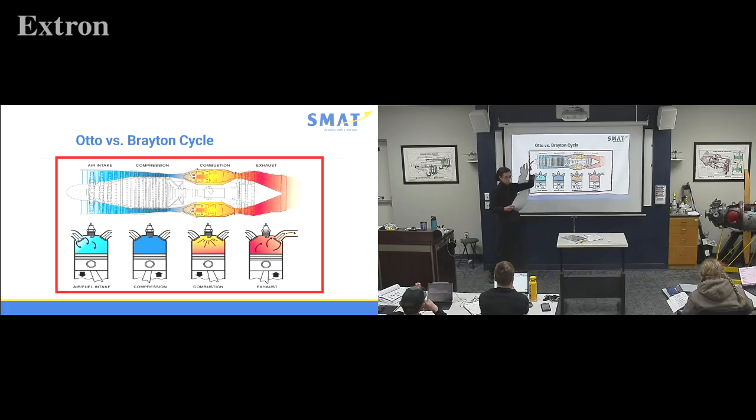Now you've got this chunk of air. And then we get to our compressor. And as air is compressed, what is happening to pressure? It's increasing. And look at this.